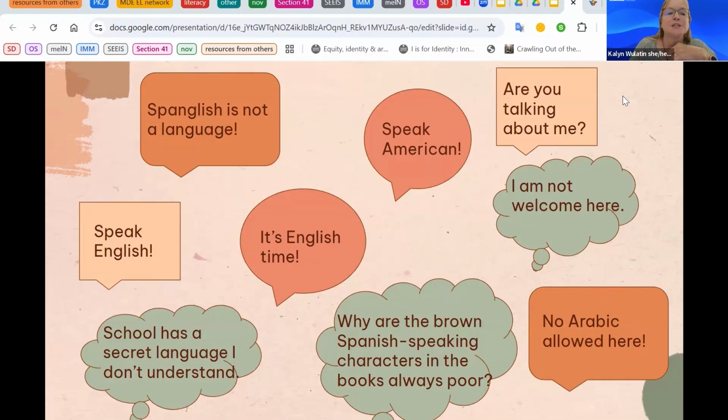Spanglish is not a language. No Arabic allowed here. And then students start to internalize, I am not welcome here. Or school has a secret language I don't understand. Or they notice things like, why are the brown Spanish speaking characters in the books always poor? By the way, I did not create these. I mean, I obviously put them on the slide, but these are things that students have heard and have talked about.